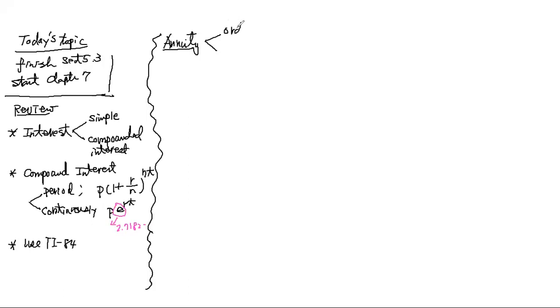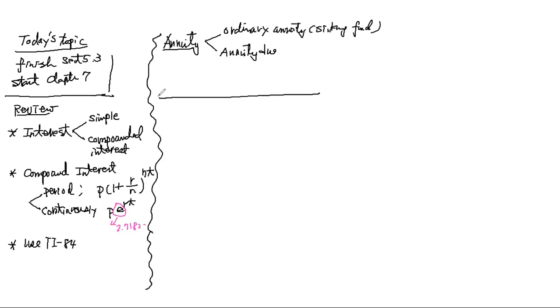One we call ordinary annuity, or we have a different name, the sinking fund. The other one we call annuity due. The major difference, if you remember what we talked about before: if this is the period, here you have several different periods. Those periods could be quarters, months, or years.